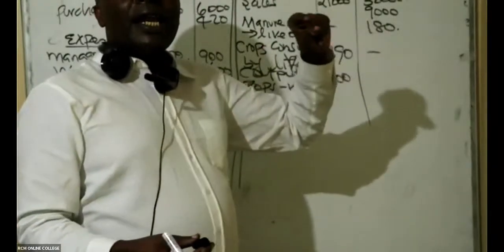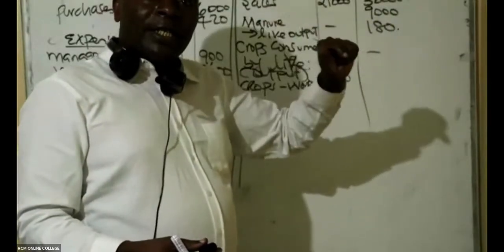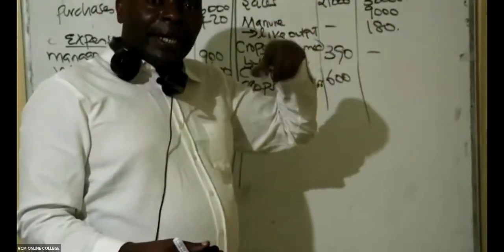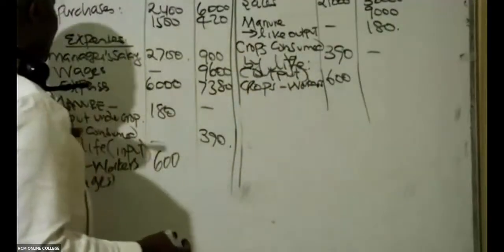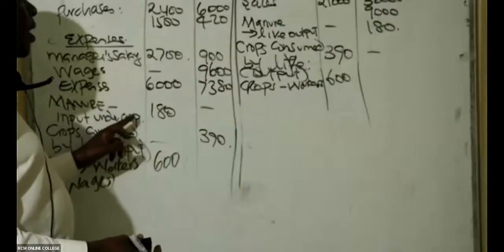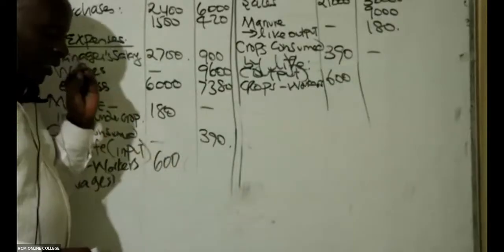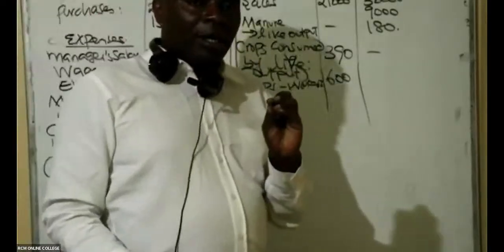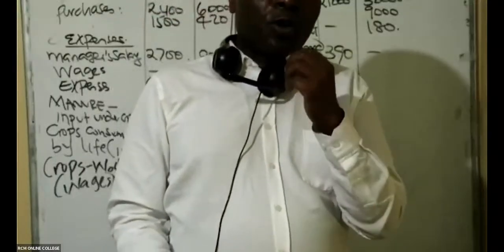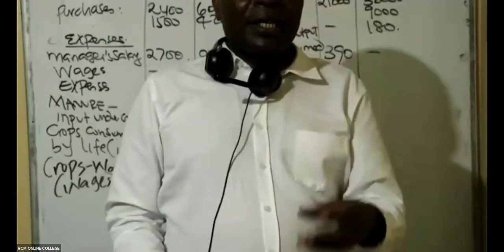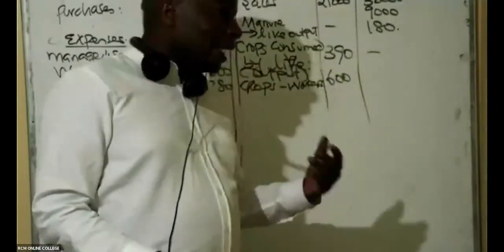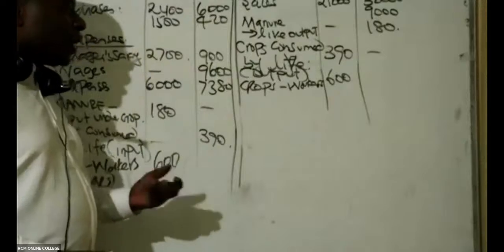And then there is another biological asset that is gaining. Whenever it gains, we debit. But this time it is going under crops, because it is an output from livestock and an input under crops. This shall become clear as we get along. We shall really like this.